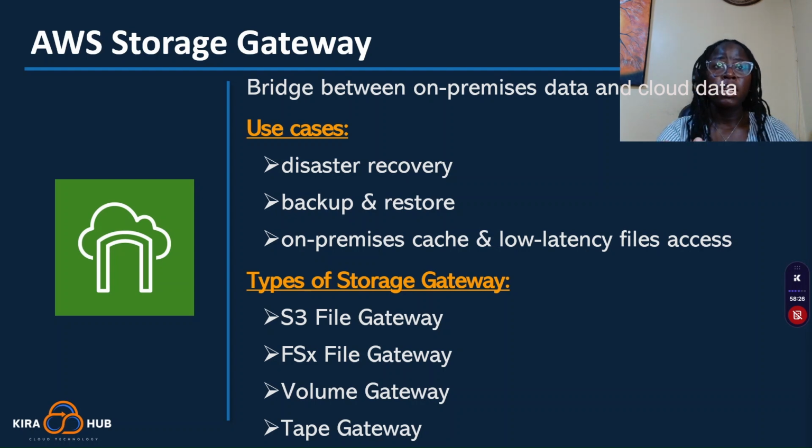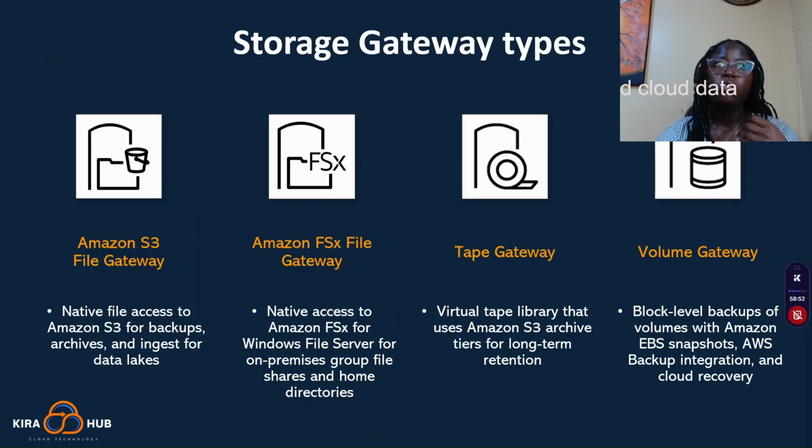It's also commonly employed for backup and restore, ensuring that data is stored off-site for safety, but still easily retrievable. And then additionally, it serves as an on-prem cache, allowing for low latency file access by caching frequently accessed data locally.